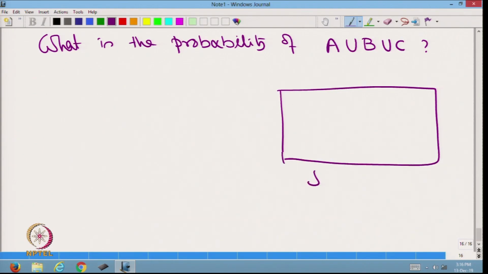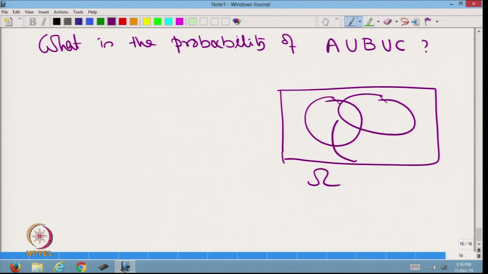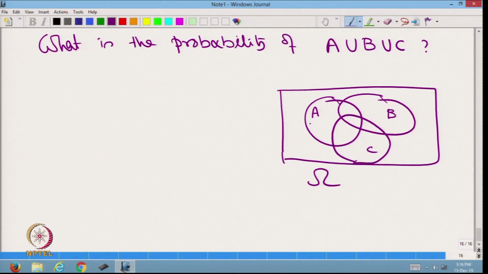Suppose this is my omega, suppose this is one event A, this is another event B, and this is another event C. So, we are looking at the probability of the event A union B union C. That means this entire thing should happen.